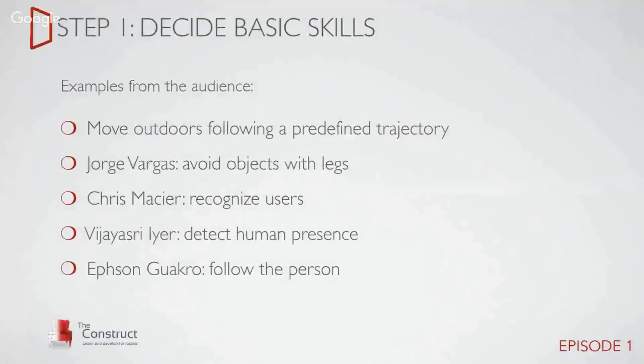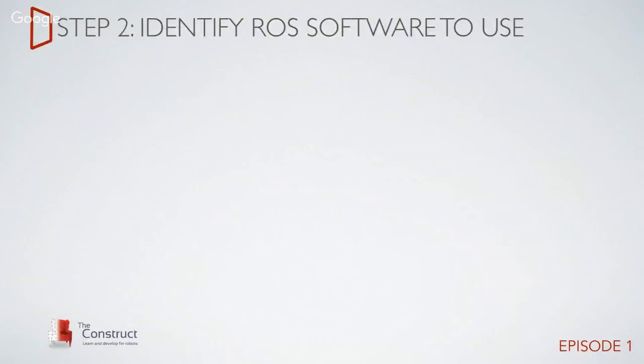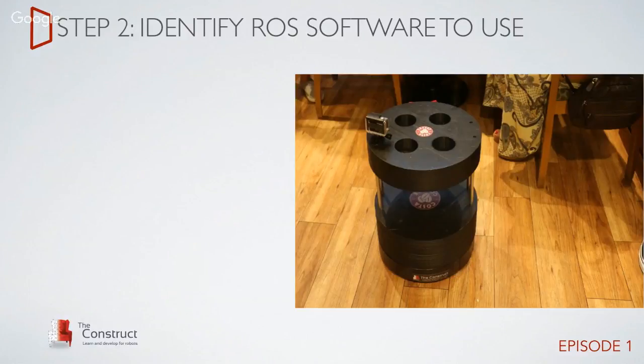And then once you have decided that, then we need to know where we can find the software for doing this. So what we are basing this product on is using ROS. So we want the robots to use ROS software, to be ROS based. Why?